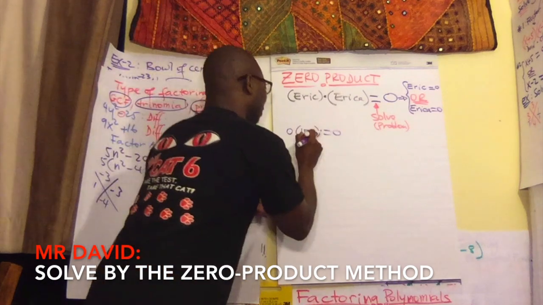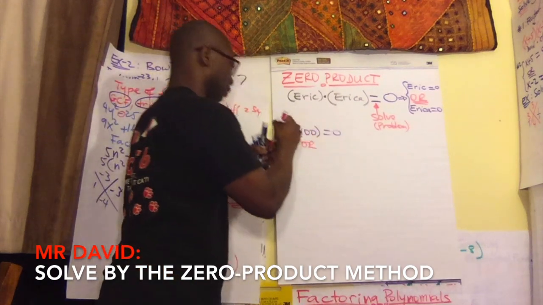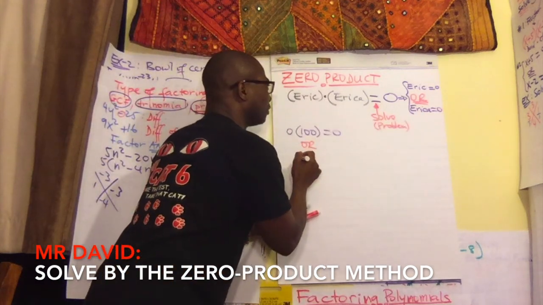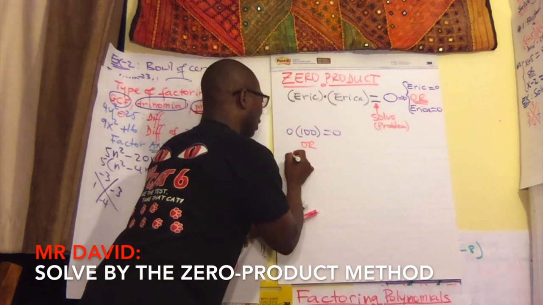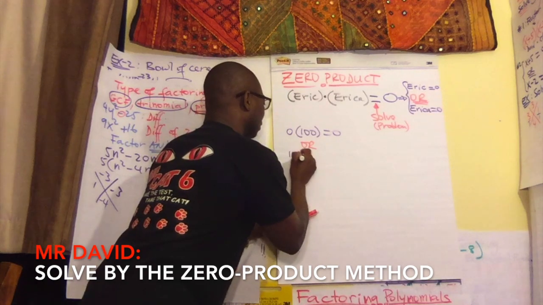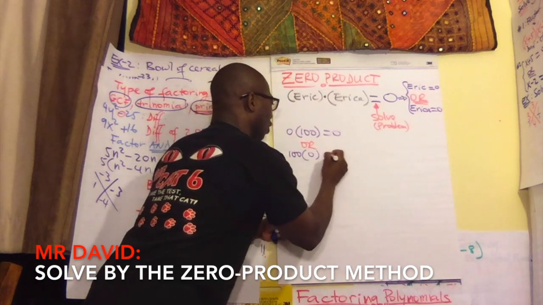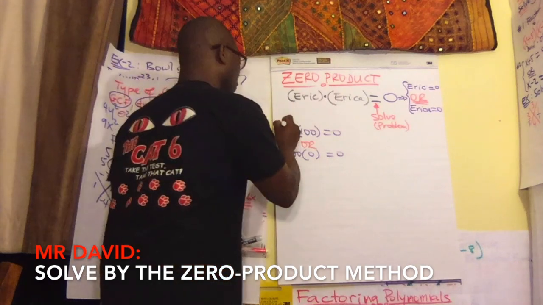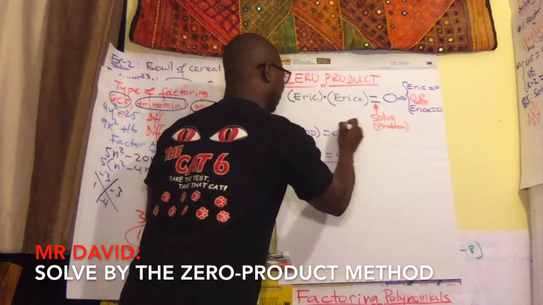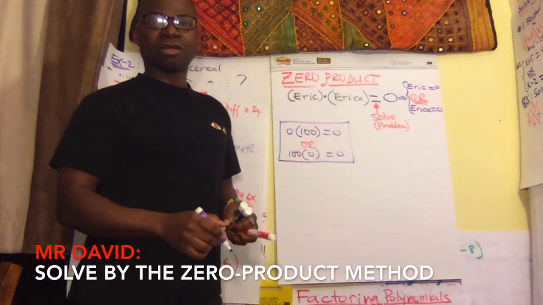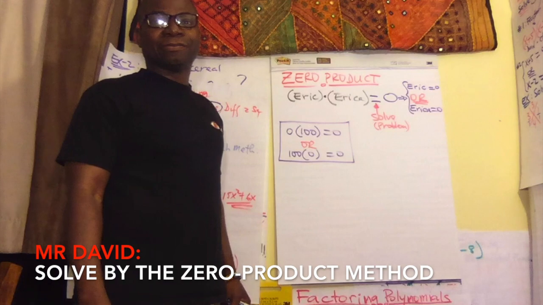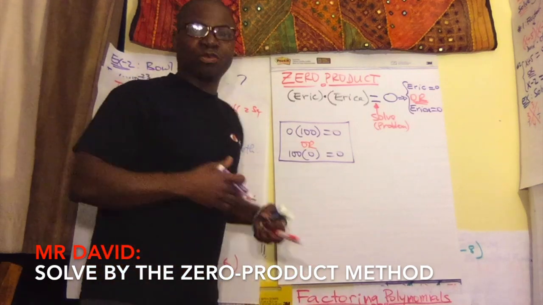Or Erica is the one who got a 0, so Eric got 100. That also gives us a 0. That's the rule of the zero product property. Now we take whoever got a 0 and we try to solve it.